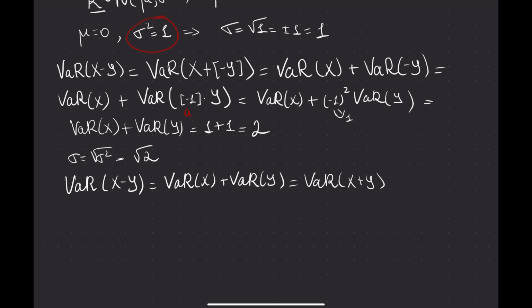And this is true for any independent random variables x and y. The key drivers are that when random variables are independent, the variance of the sum is the sum of the variances, and that the variance of negative y is the same as the variance of y.